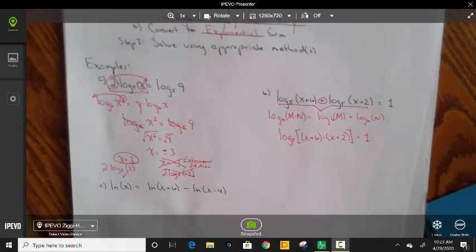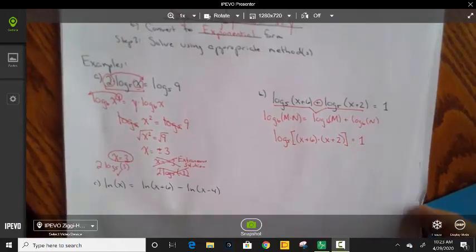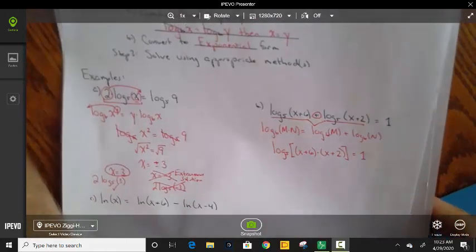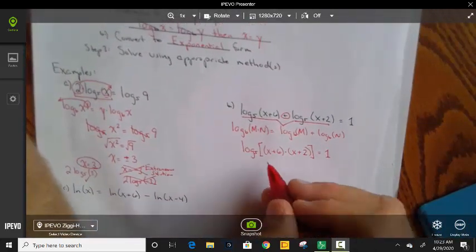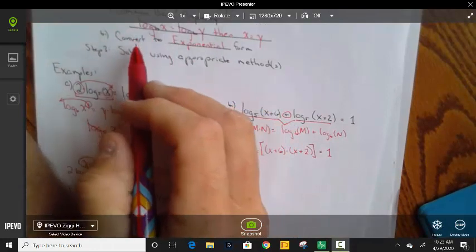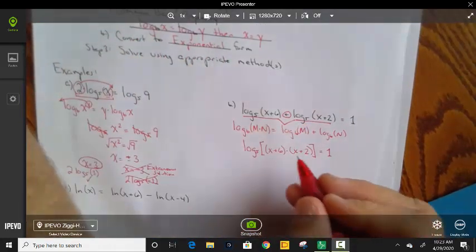a multiplication problem. Now at that point, we can't use the common base property because we don't have a logarithm on both sides of the equation. So in this case, what we're going to do is use the second technique that says convert to exponential form.